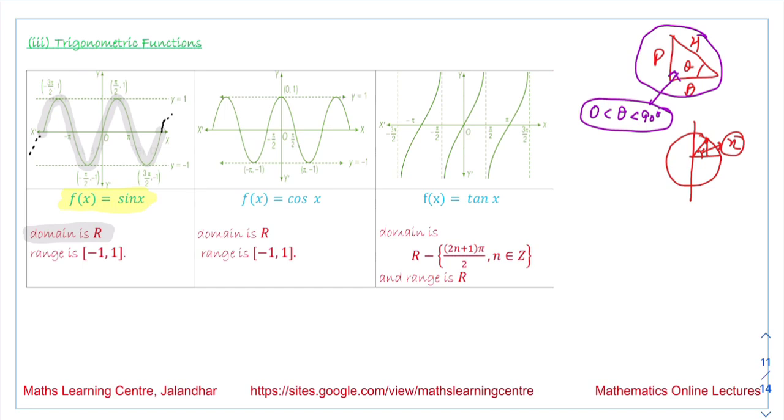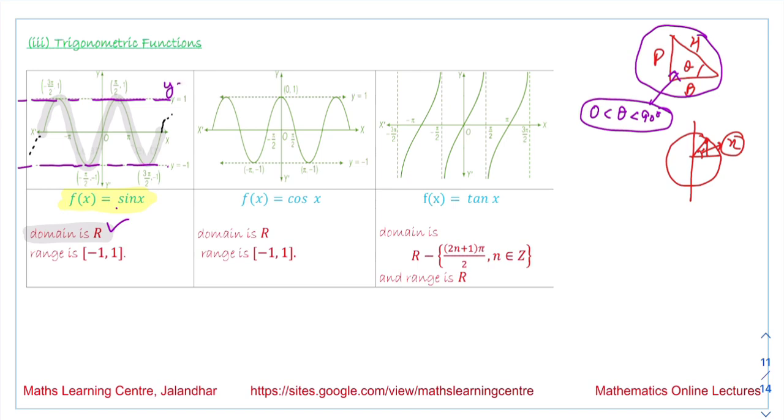But when we are talking about trigonometric functions, these are defined for all real numbers R, and the domain of this function is the real line, and the range means the maximum and minimum value that this function can have.